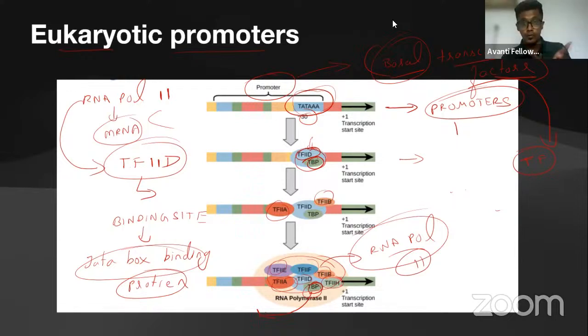We learned about what is the minus 10 region, what is the minus 35 region, and what is RNA polymerase. So why RNA polymerase is a holoenzyme, and what is the energy source for this particular elongation of mRNA. So what is the role of each and every protein? We discussed in so much detail in the last class, correct, right?